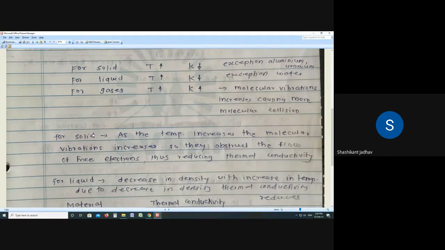Write down the reason for solids: as the temperature increases, the molecular vibrations increase, so they obstruct the flow of free electrons, thus reducing thermal conductivity.